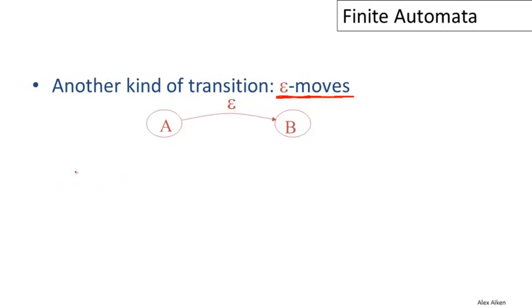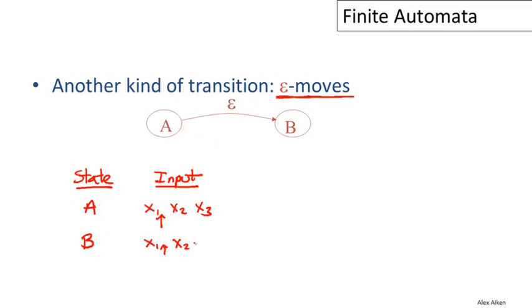So for example, if I have my state, and I'm in state A, and my input, let's just say that we have x1, x2, x3, and for some reason we're about to read x2. When we make an epsilon move, the machine changes state, but the input pointer stays in exactly the same place.